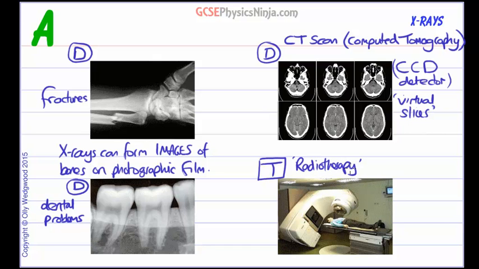And one property of X-rays, which is very similar to gamma rays, because they're at that far end of the electromagnetic spectrum, is that they are ionizing radiation. So we can say that X-rays are ionizing radiation.